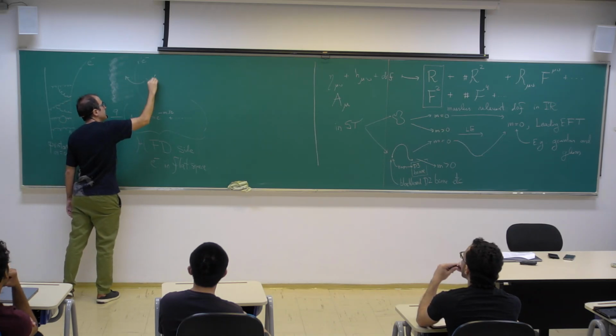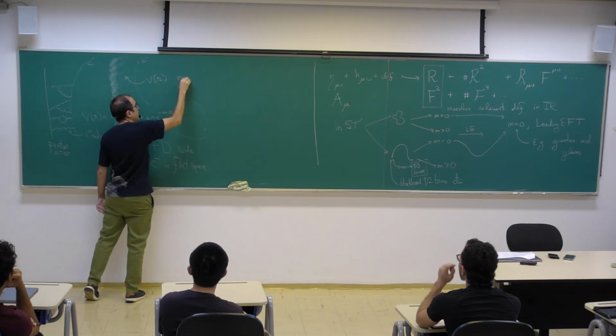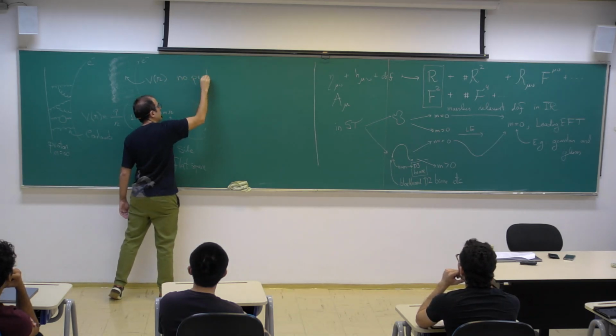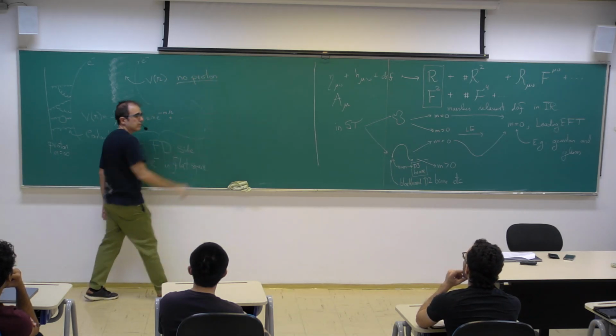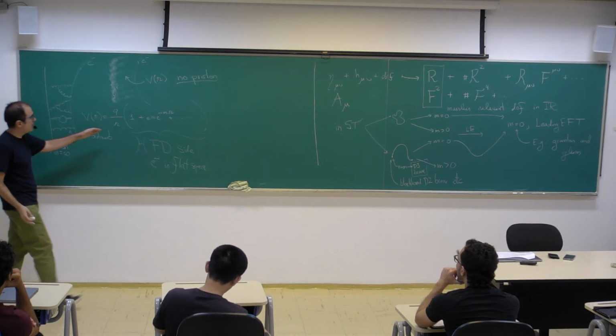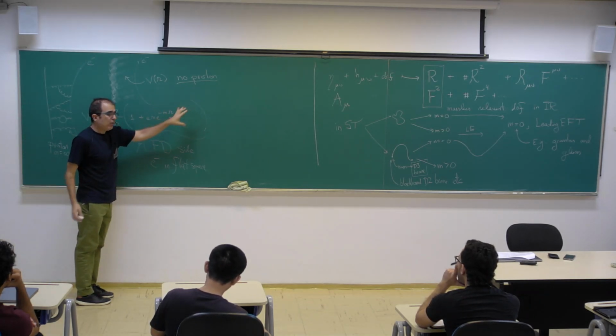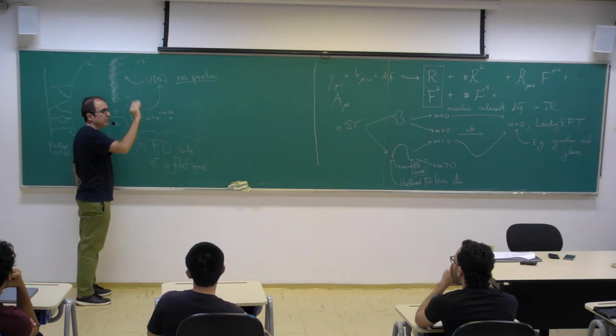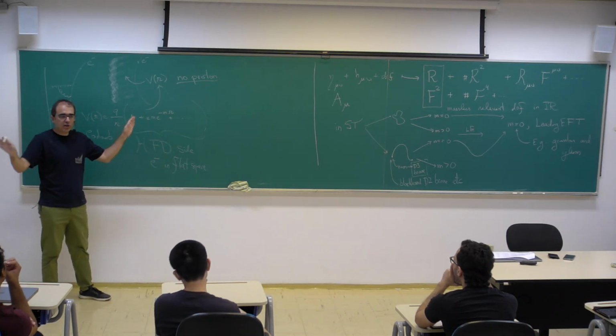And now there is a background V of R, and there is no proton. I just say that someone managed to compute everything, and by computing everything you found the potential V of R. And now I ignore the proton.